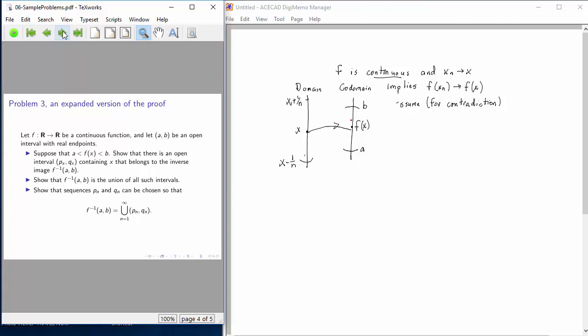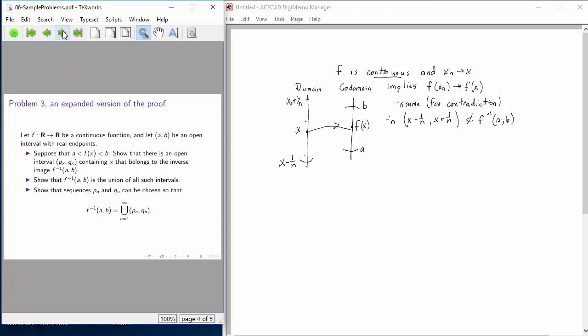Or, to write it in symbols, no matter how large an n I consider, the open interval from x minus 1 over n up to x plus 1 over n is not a subset of the inverse image of this interval AB.